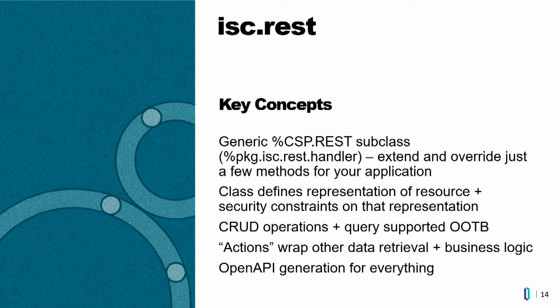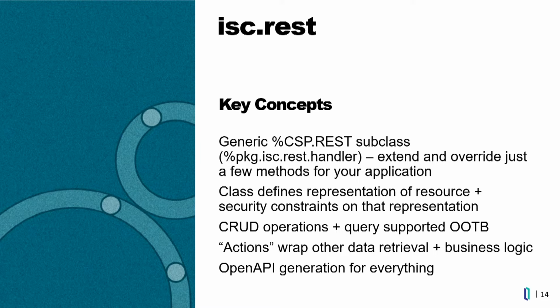What I tend to see happen is there's just like 50 class methods in the class, one for each of the endpoints, and that class gets huge. Like, I think our base Atelier REST API is like 4,000 lines of ObjectScript. Or the API VS Code uses.